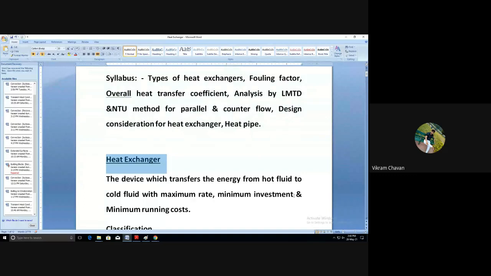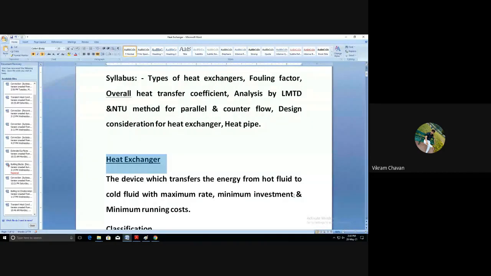That function we can implement anywhere it is required to transfer heat within the same fluid. If you consider the hot fluid to be water and the cold fluid to be water as well, we mix the two fluids and exchange the heat from the hot water to the cold water. Similarly, it is applicable to other fluids also. That type of heat exchanger is called an open type of heat exchanger.